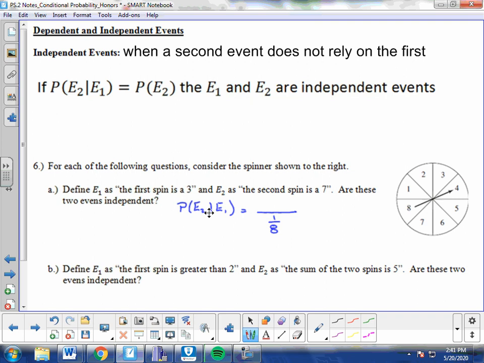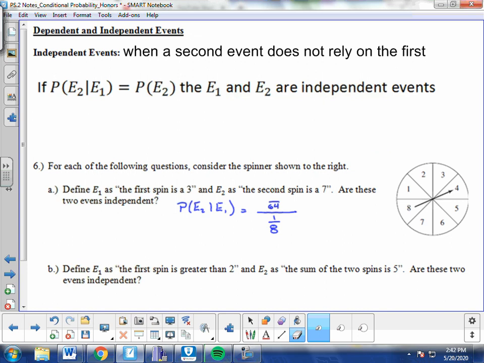Now, the probability that event 2 occurs and event 1 occurs would be in our numerator. So if I spin it twice, there's 8 possible options on the first spin, 8 possible options on the second spin, for 64 total combinations. Out of that, if the first spin is a 3 and the second spin is a 7, the only way to do that is to get 3 and then 7.